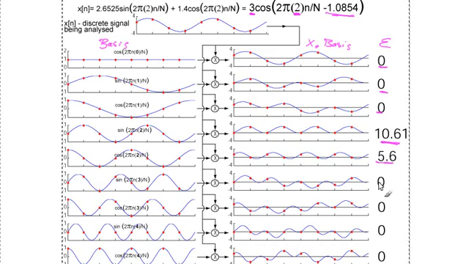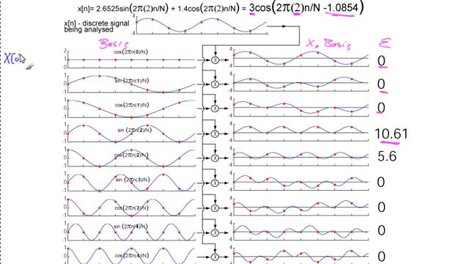I don't think I need to go through the real and imaginary parts again, but let's say that x0 will be equal to 0, x1 will be equal to 0, and x2 will be equal to 5.6 plus 10.61j. x3 will be equal to 0, x4 will be equal to 0.